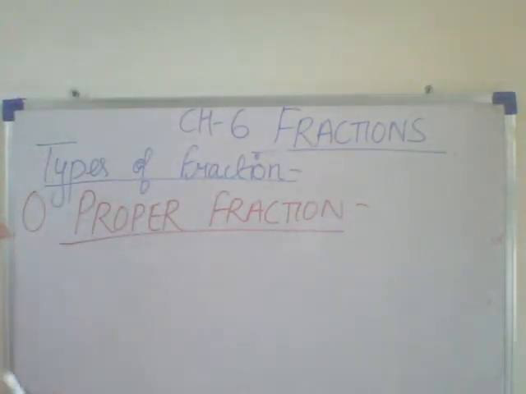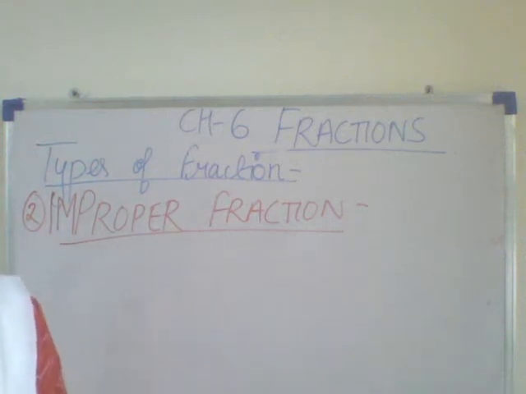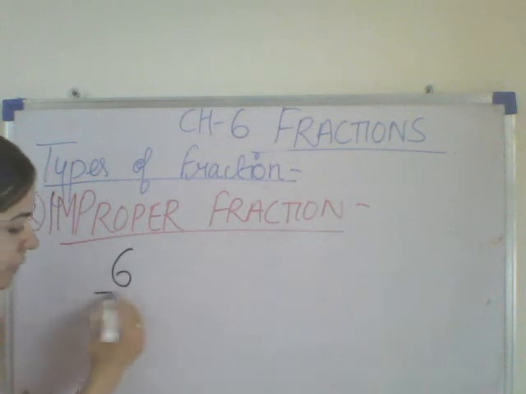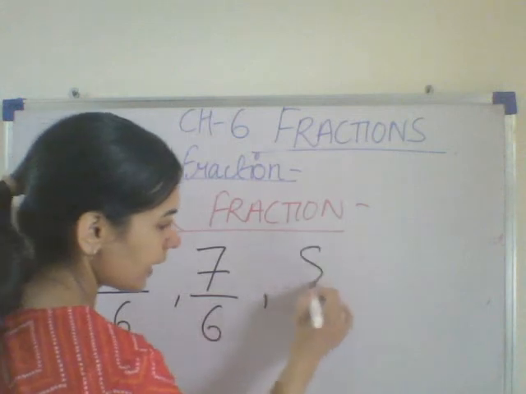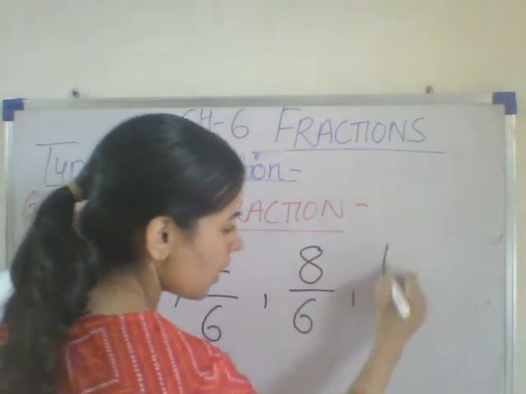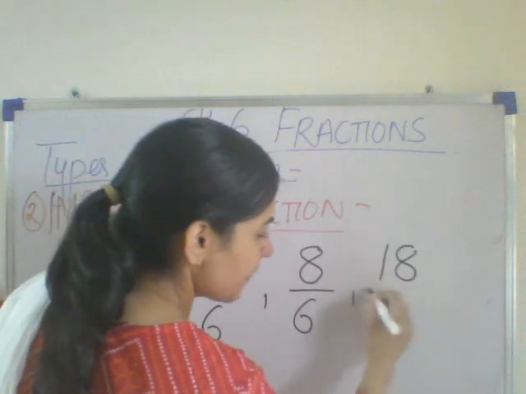The second type of fraction that we'll be studying is the improper fraction. What are improper fractions? The fractions in which the numerator is greater than or equal to the denominator are called improper fractions. Let us take some examples like 6 by 6, or 7 by 6, or 8 by 6, or 18 by 15.